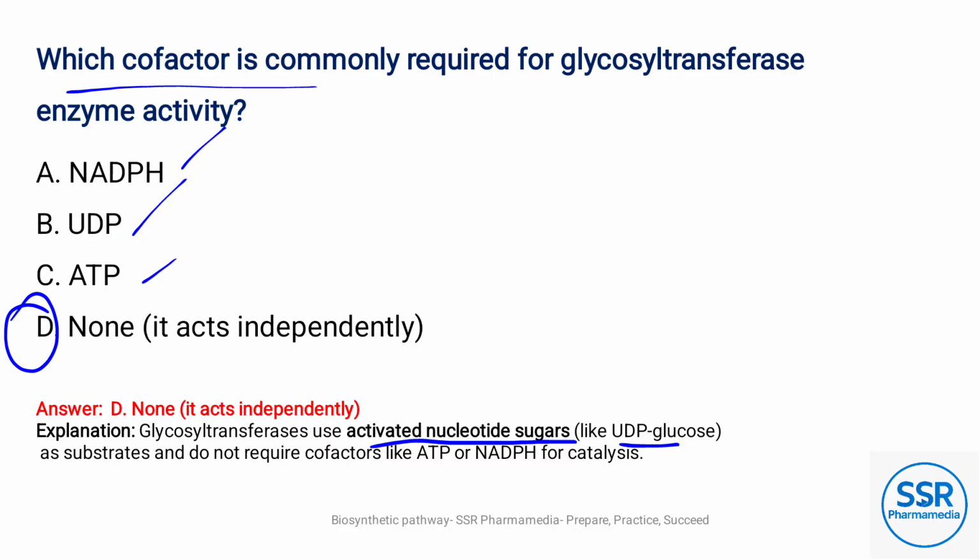So it is UDP glucose that is required as a substrate, and it does not require cofactors like ATP, adenine diphosphate, catalase, or NADPH.